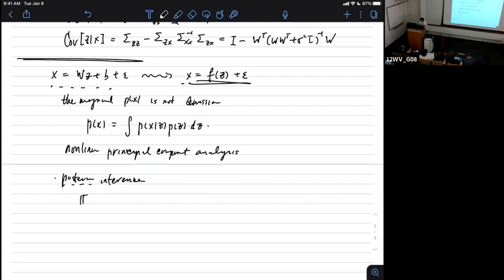This is trying to compute P of Z given x when f is no longer a linear map from Z to x. It turns out that this posterior inference problem is generally intractable. That is, we don't know how to characterize this distribution in polynomial time.